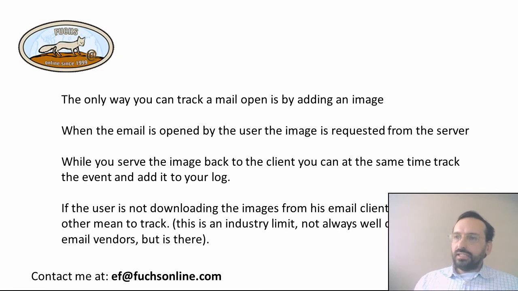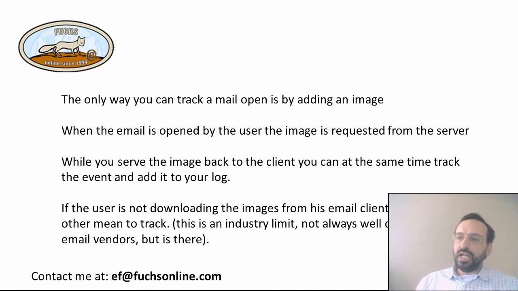Now, a little explanation first of all. The only way you can track an email open is by adding an image inside your email. Of course, the best way is to add a transparent image in the footer of your email.